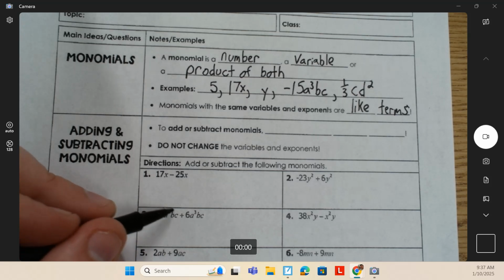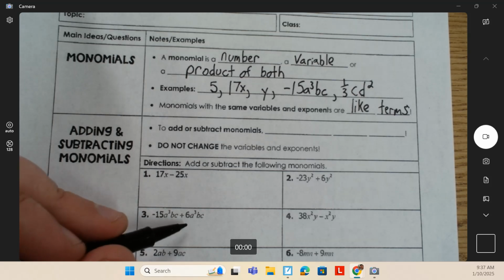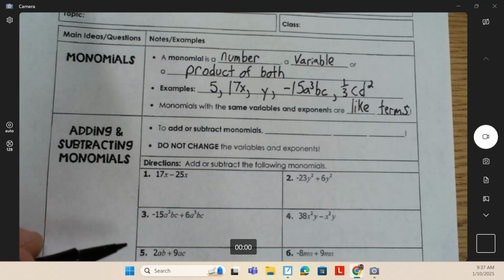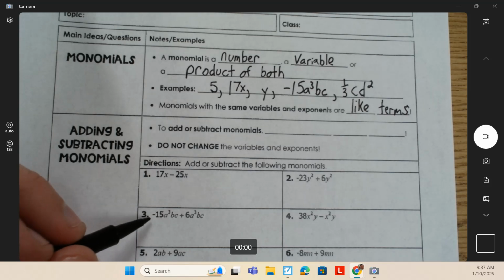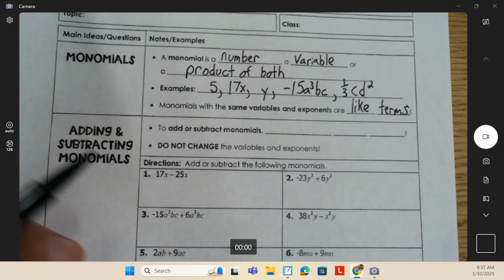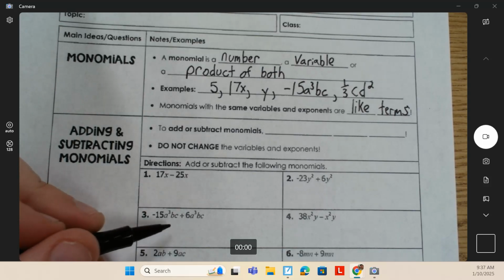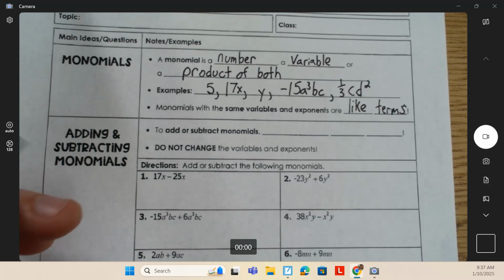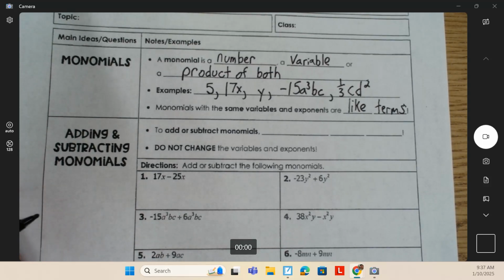Think of this as a word. As long as it's the same word, you can combine them because they're like terms. So if this is negative $15 plus $6, you'd say you had negative $9 for that. Instead of that, it's just a string of variables and exponents that are at the end instead of numbers.